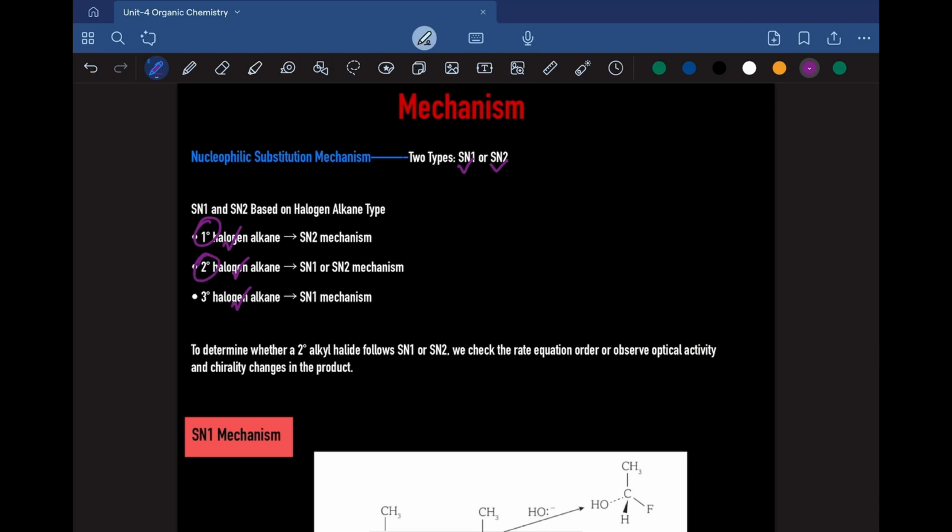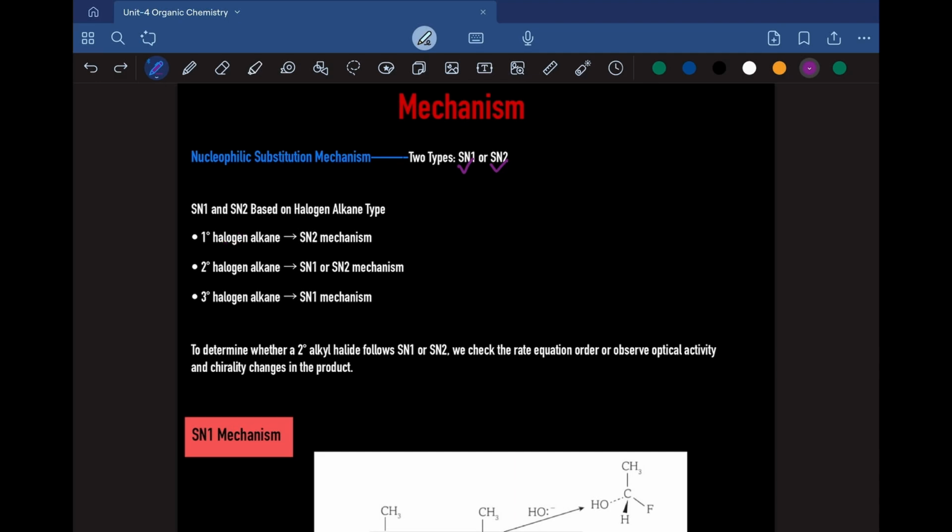Whereas in a 2 degree halogenoalkane, the carbon atom attached to the halogen atom will be attached to two carbon atoms. In the same way, in a 3 degree halogenoalkane, the carbon atom attached to the halogen atom will be attached to three different carbon atoms. So this is the main difference between 1 degree, 2 degree and 3 degree halogenoalkanes.